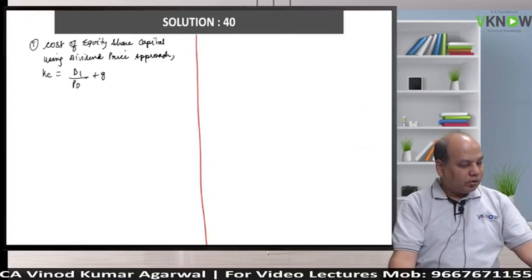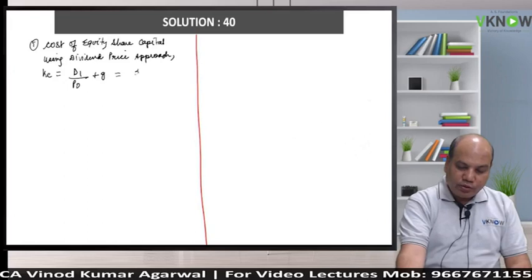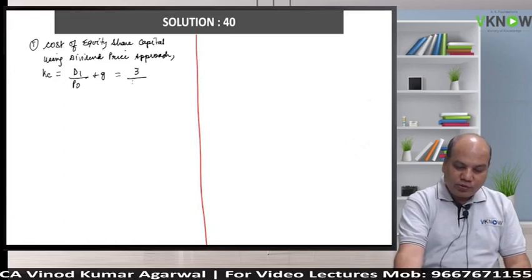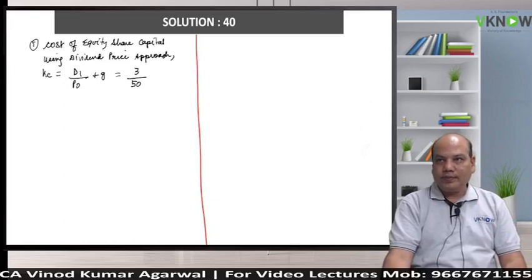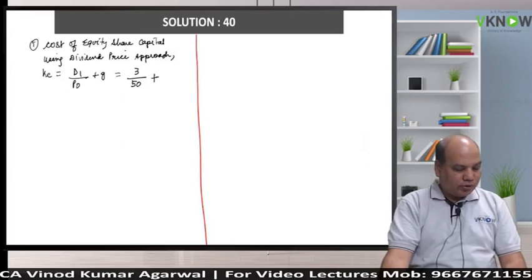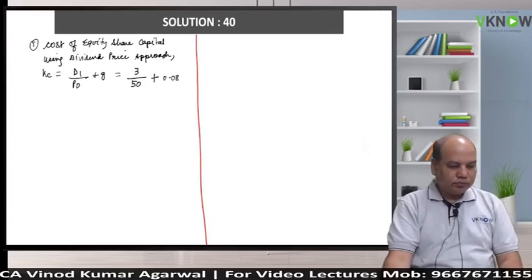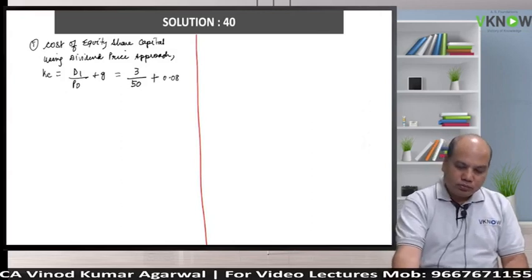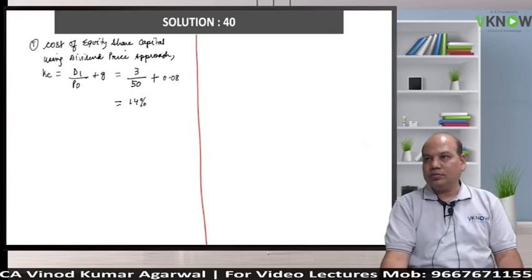So what is the cost of equity? What is D1 in our question? 3 rupees. What is P0? 50. Growth rate is how much? 8%, 0.08. So that comes to 14%.